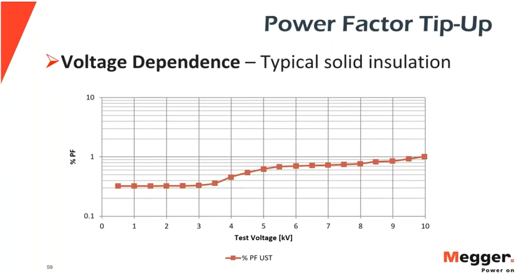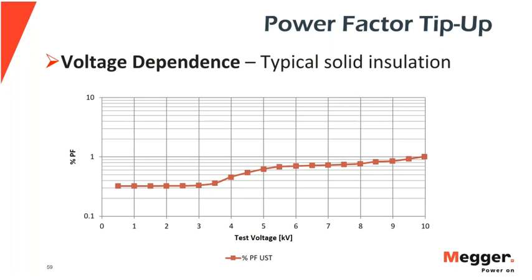But for a dry insulation, like dry-type transformers, generators, motors, or cables, as the voltage increases, it's not unexpected to see that the power factor increases.